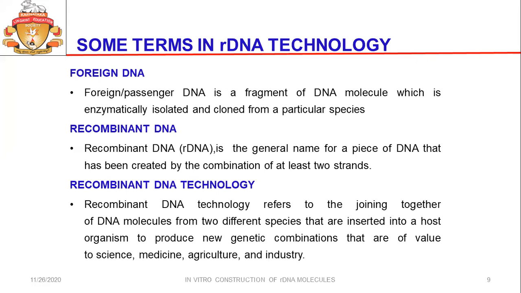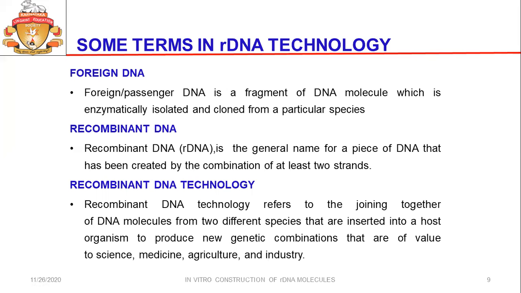To explain it generally, it is a piece of DNA we are extracting from a particular bacteria or any other cell, and we are inserting it into the vector DNA. So in general, foreign DNA is nothing but the gene of our interest.